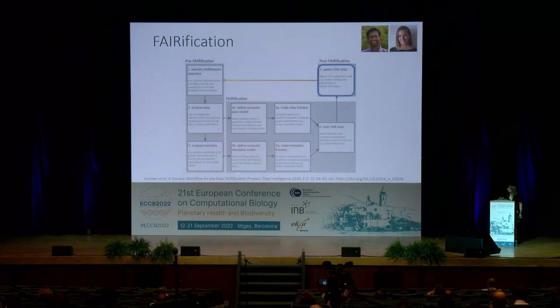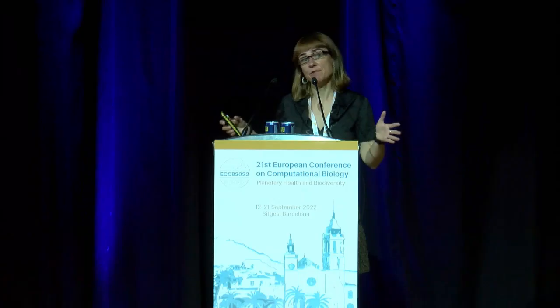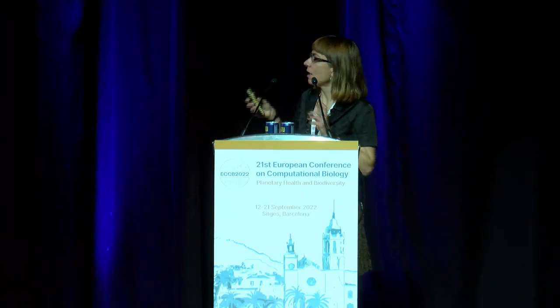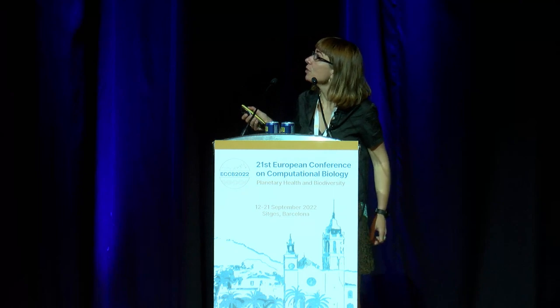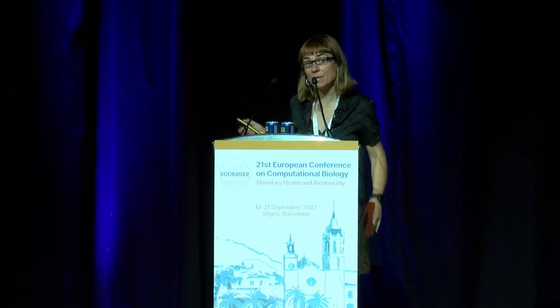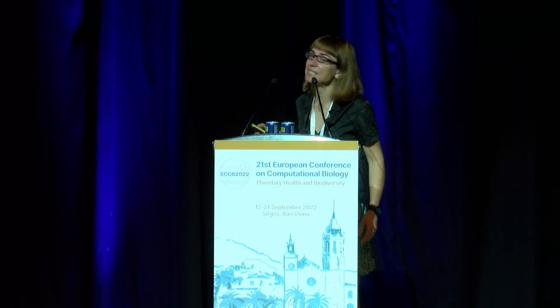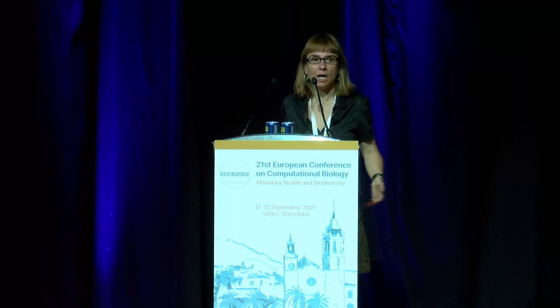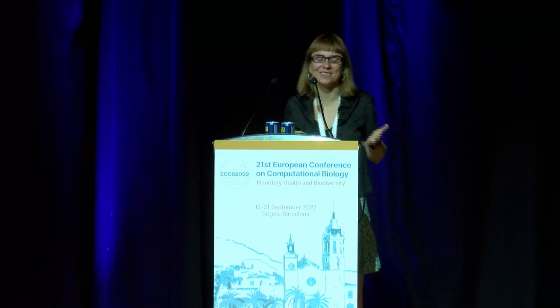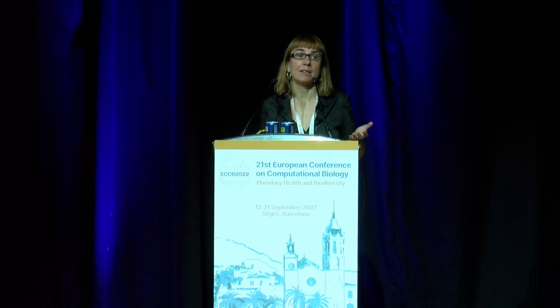Led by Rajaram and Anika in our group, it is composed mainly of the pre-verification parts, the verification per se, and then an important last step in the post-verification, that is the assessment of how FAIR, how mature is your data resource at the level of FAIR.